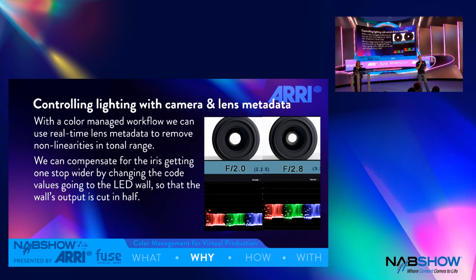From that, we are taking the iris positions, the focus and zoom positions as well, and we are playing that into the engine to then manipulate either our inner frustum or different elements of how that inner frustum is being presented. So we compensate for aperture, and you can see the wall gets brighter, the camera maintains a constant exposure. We're also compensating for CCT and tint, and still needs some work, but the ND filter selection as well.